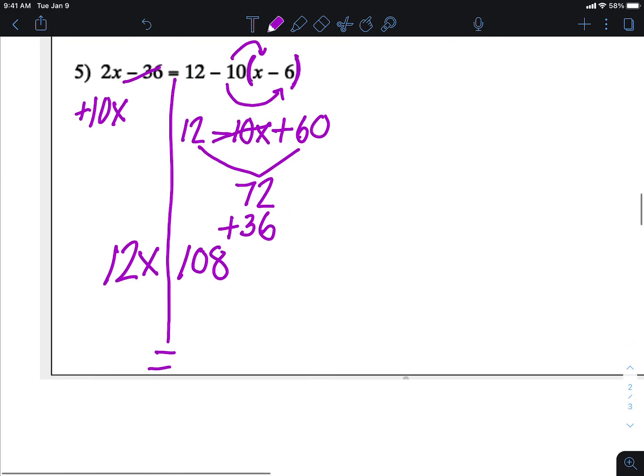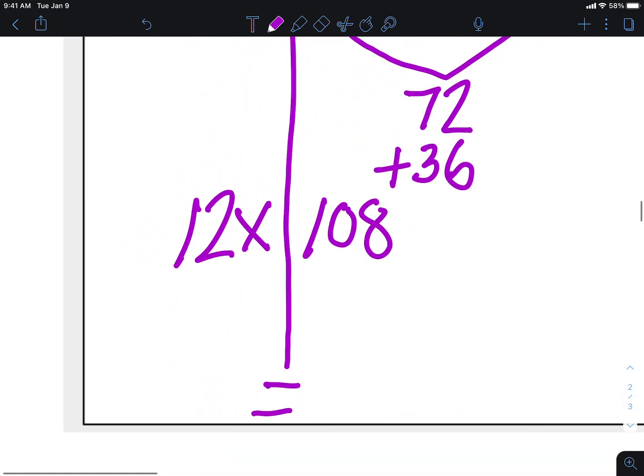And again, we remember that 12x means 12 times x. And the inverse of multiplying is dividing, right? So I'm going to cross out this 12 here, but when it comes over, it's going to divide. So I'm going to divide by 12. And now my x can come down, just like that.